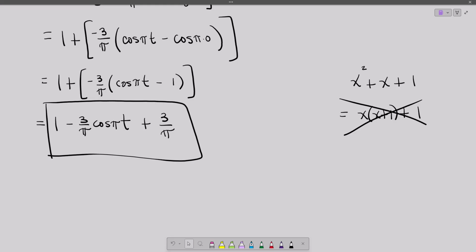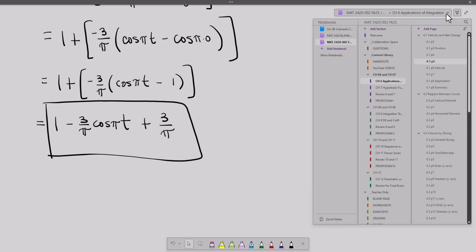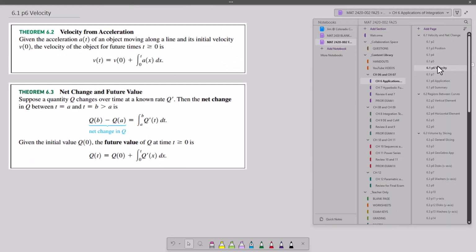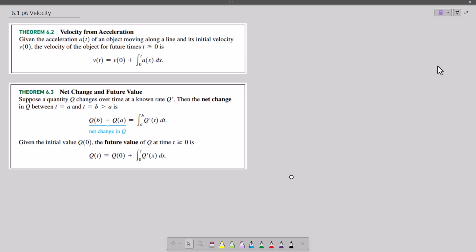All right, let's take a look at velocity. So we're going to generalize this concept. We just found position from velocity. We can do a similar thing and find velocity from acceleration.